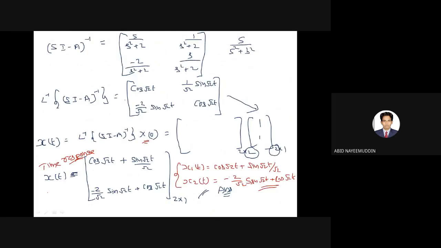In the same lines as what I have solved here. So here the question is, if you are having notes, you just refer. Otherwise I will write once again here.